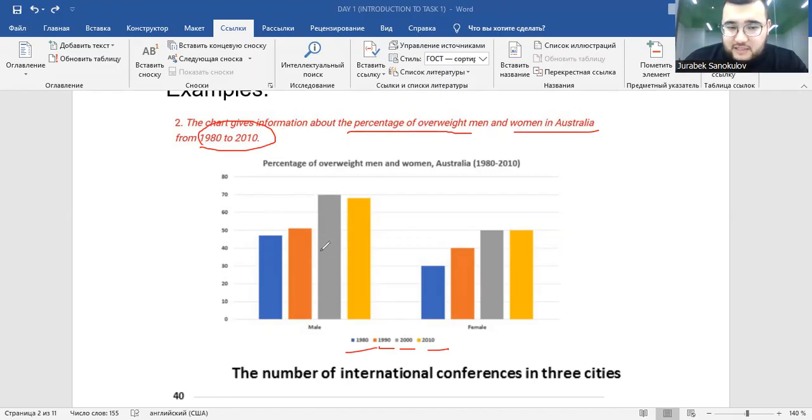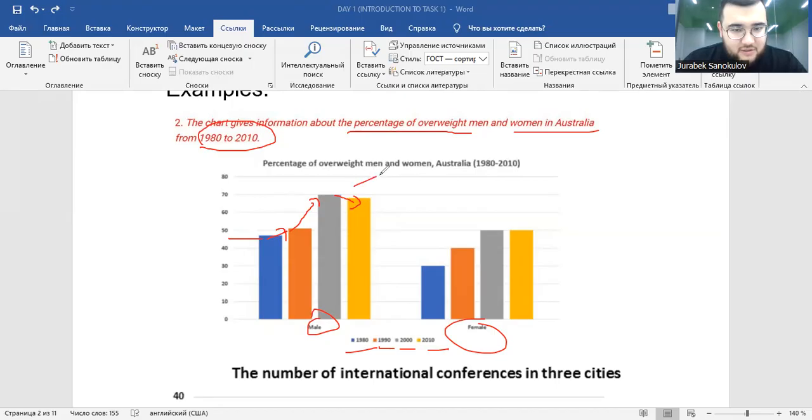You see, it makes a lot of sense to say that this is a change over time graph because the data, the figures, change all the time. For example, let's look at males and then we will look at females. It was 45% in 1980, and then it rose, and then it rose again, and then it declined slightly.